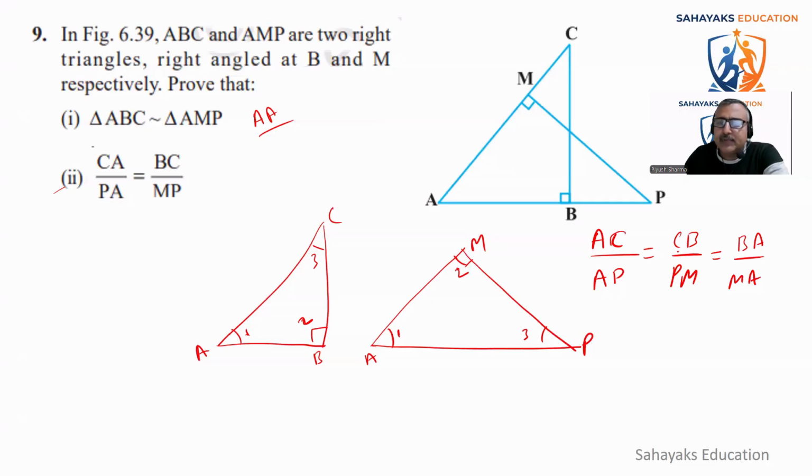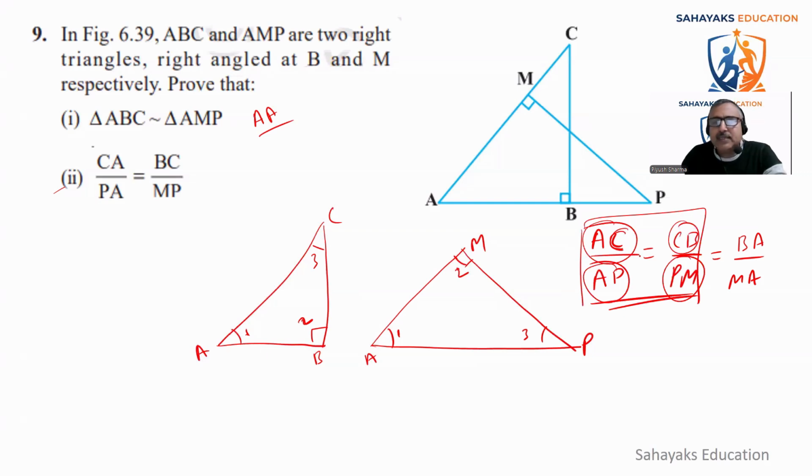AC by AP is equal to CB, CB is 2 and 3, by PM, yes, is equal to BA. BA is 2, 1, is equal to by MA. MA, that's correct. Now, we have to prove CA by PA. So CA by PA, this is correct, is equal to BC by MP. Oh, it's already proved here.